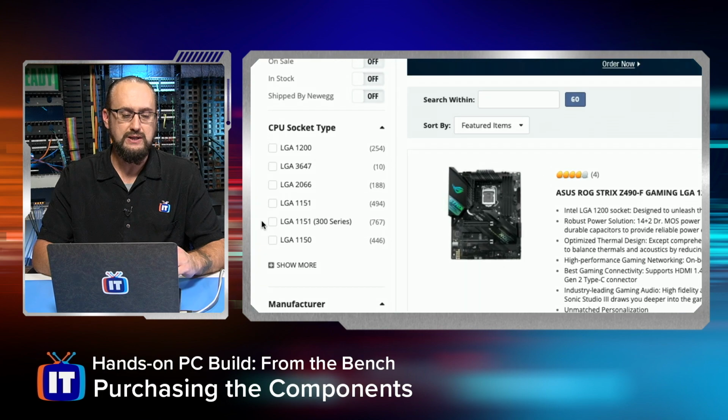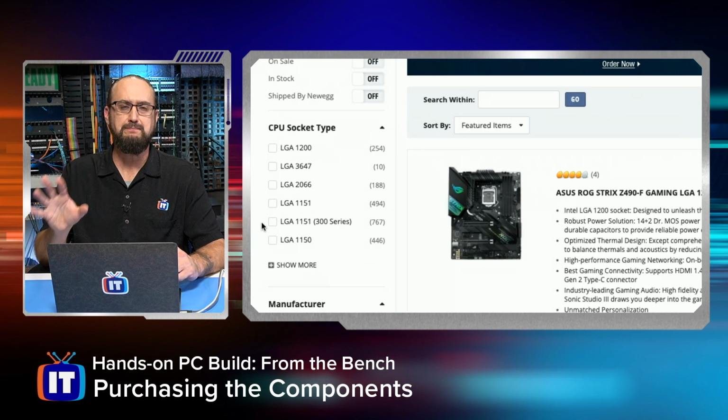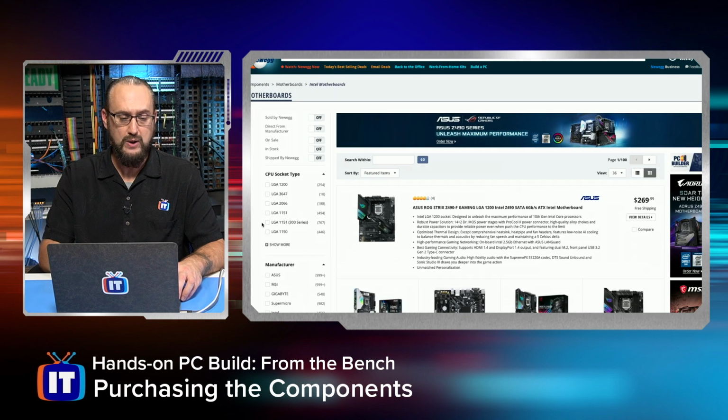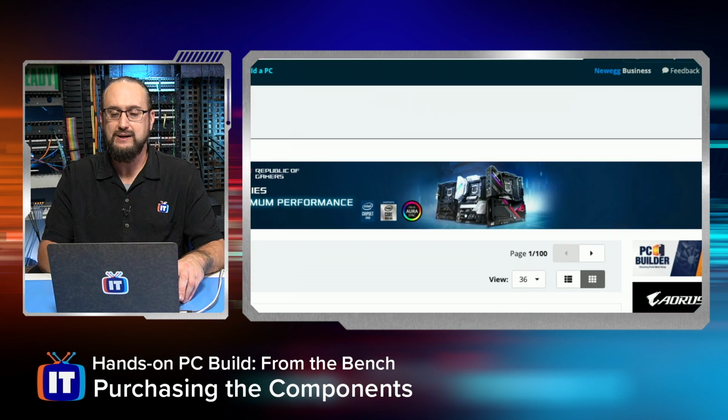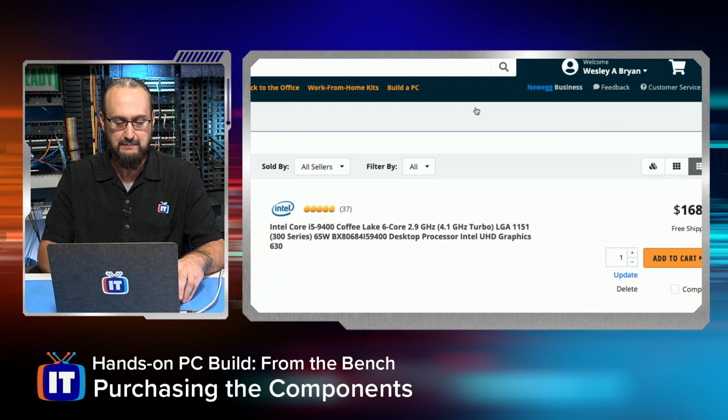Now it's really based on the socket, so you have to pay attention to the socket that your CPU supports. And we can do that. I happen to know off the top of my head that it's a 1151 socket that this supports. And if I'm not aware of that, I can go back up here to my wish list, PC build demo. This is the one that we've just used, and we can select that.